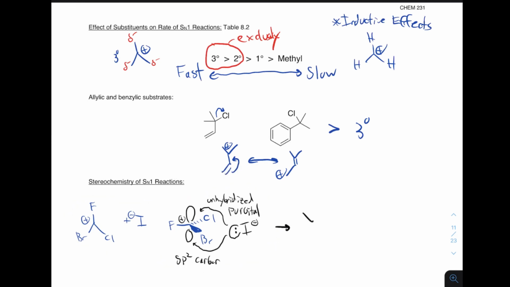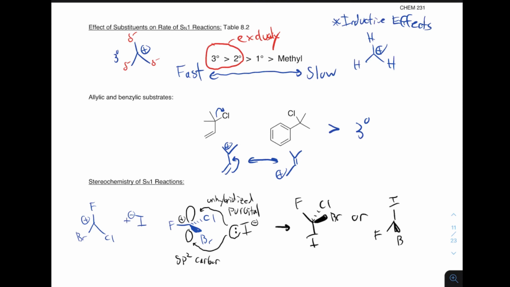in one case, if we had the iodine attack from the bottom, it would look like this. And if it attacked from the top, everything would be pushed down. And if you try to do R and S configuration for these molecules, you'd find that they are different.